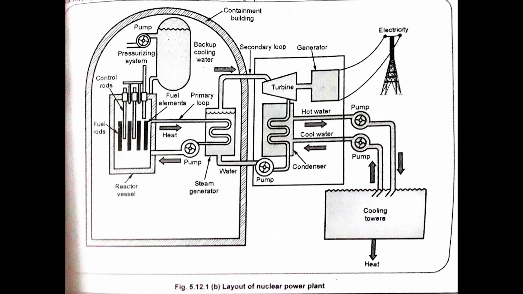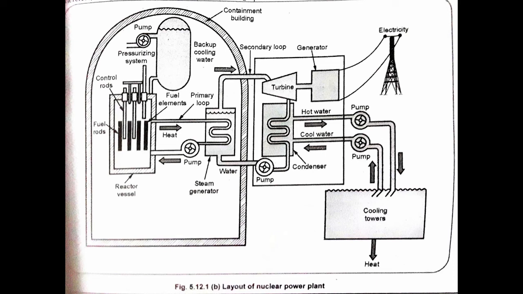When these cadmium rods, which are also called control rods, are inserted, they absorb the fission neutrons, and hence the chain reaction is arrested. So the insertion and removal of control rods is done automatically to meet the power demand. The heat generated from the nuclear reactor is absorbed by sodium metal, which is the primary solvent.